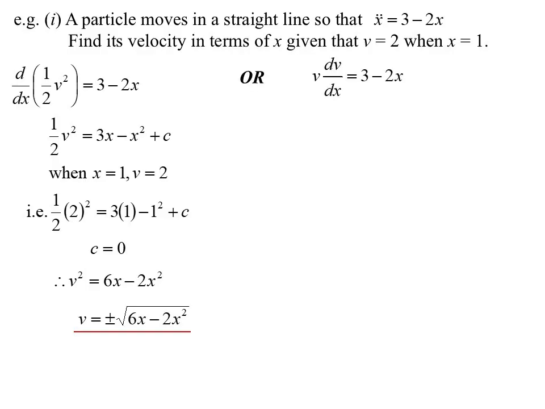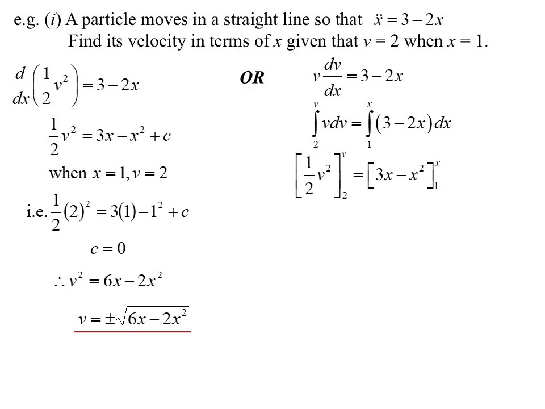What about though if instead of saying acceleration was d dx of a half v squared, we said it was v dv dx, which as I say is how I would prefer to do it. And the reason I would is I can just separate my variables quite quickly. But now I don't have to worry about the constant because I can do it as a definite integral. So when x equals 1, v is 2, I want to link velocity and displacement together. Now what ends up happening?